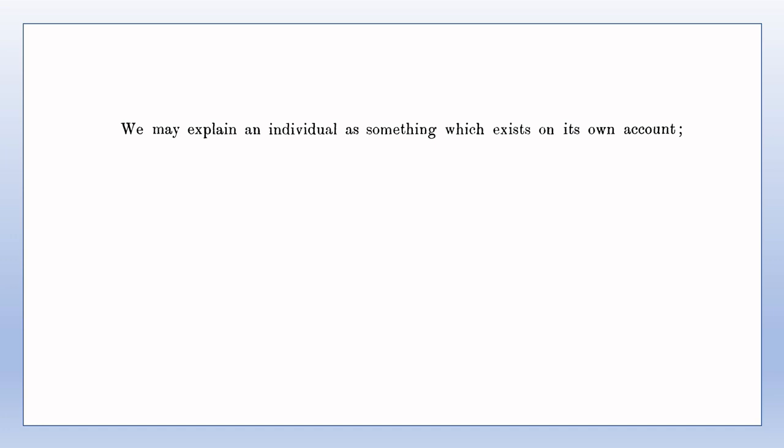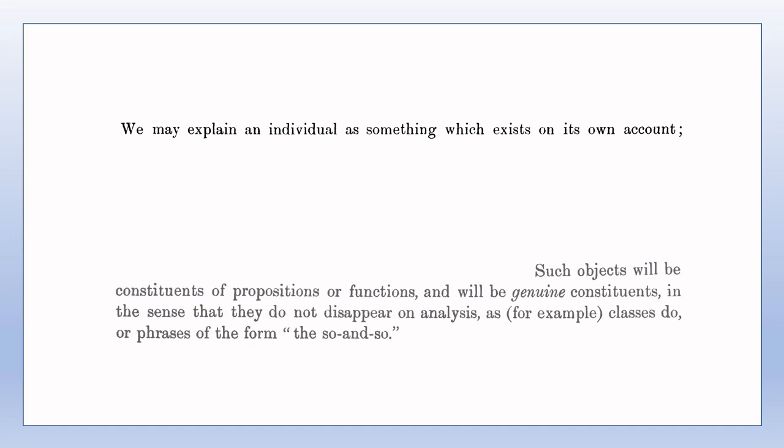And on page 169 we see, we may explain an individual as something which exists on its own account. And we also see on page 54, such objects, individuals, will be genuine constituents of propositions or functions, and will be genuine constituents in the sense that they do not disappear on analysis, as for example classes do. Therefore, since individuals form a type, the totality of individuals must be the range of significance of some propositional function.